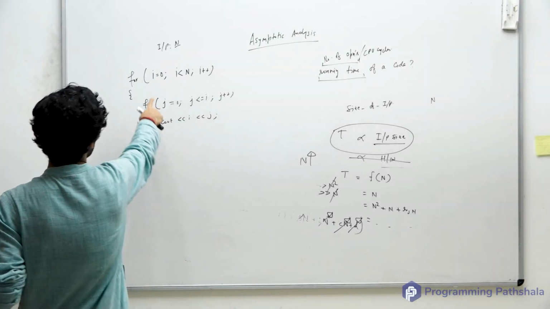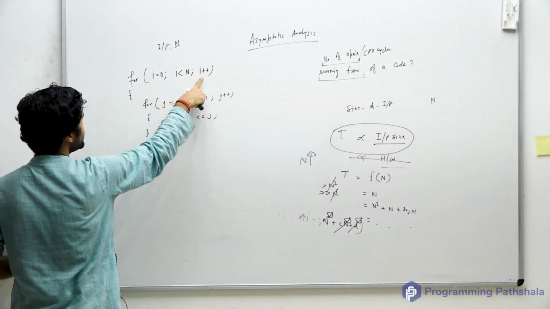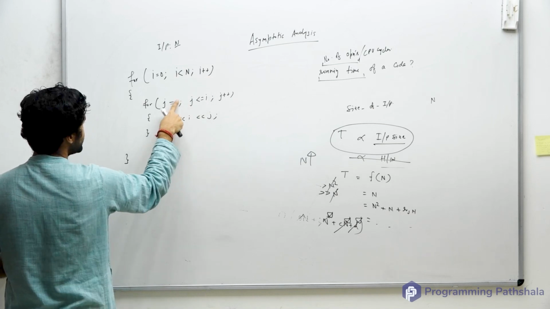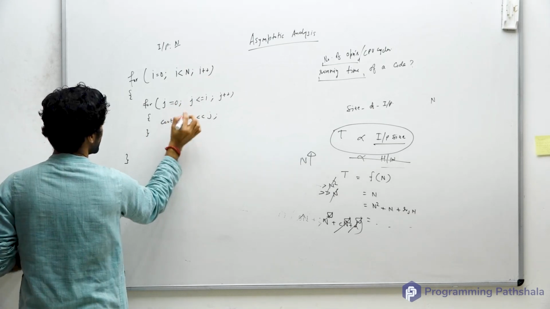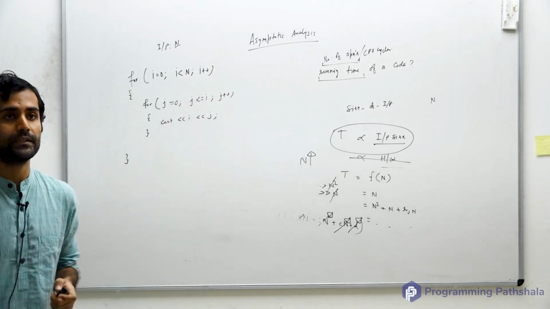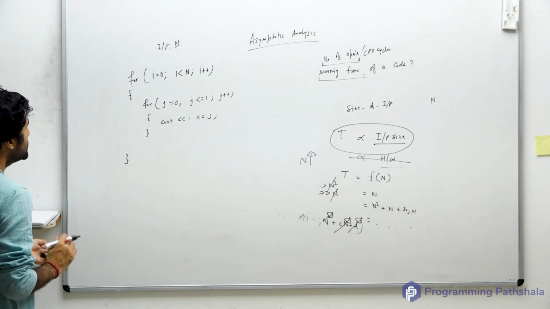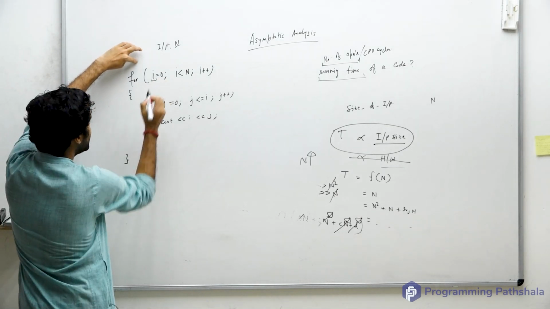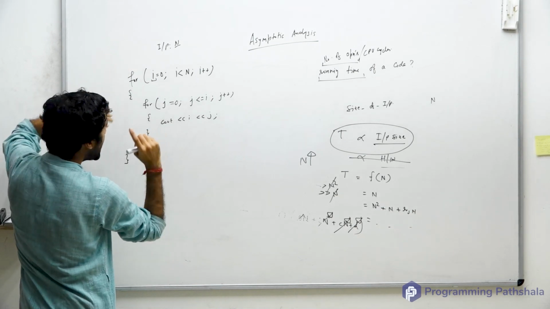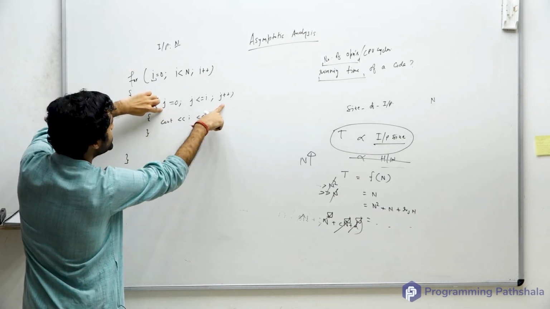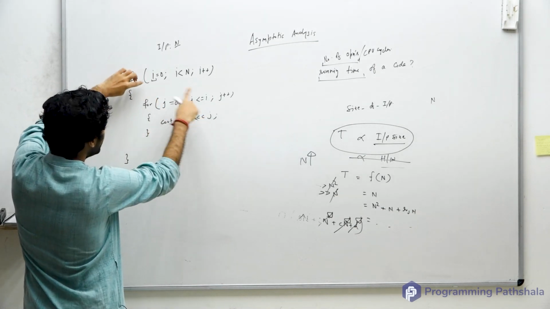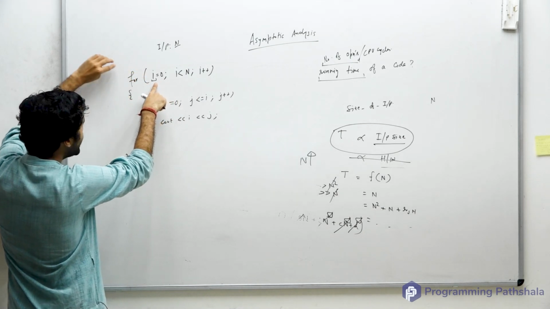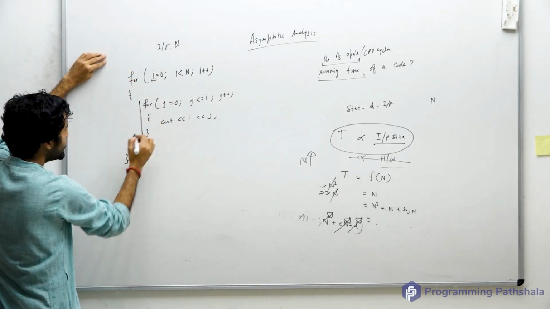i is starting from 0 going till n at a step of +1, and then j is starting with 0 going till i at a step of +1. So guys, what happens is, for each value of i, I'll try to compute how many times j is being changed. In other words, for a particular value of i, I'll try to see how many times this inner loop is going to run.